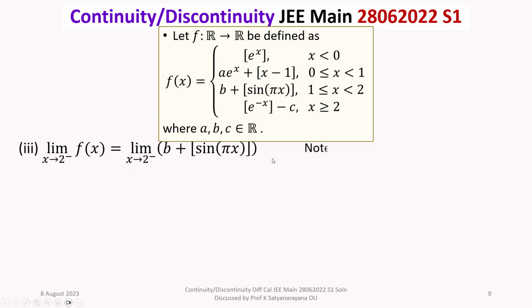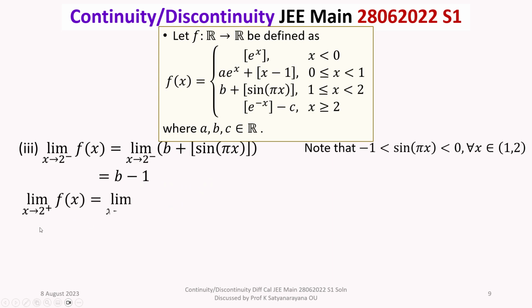Note that we have already seen this one: minus 1 is less than sine pi x is less than 0 for all x belongs to the open interval 1 to 2, and the bracket of this will be minus 1. So it is a constant. The limit as x tends to 2 minus of a constant is the constant, so this is b minus 1.